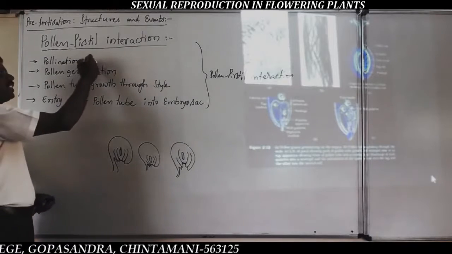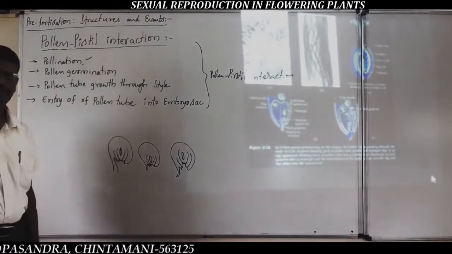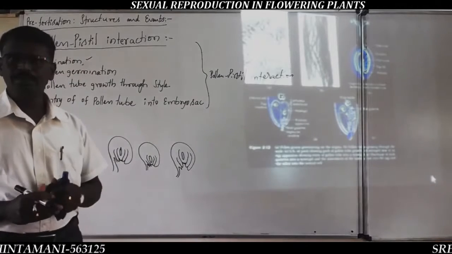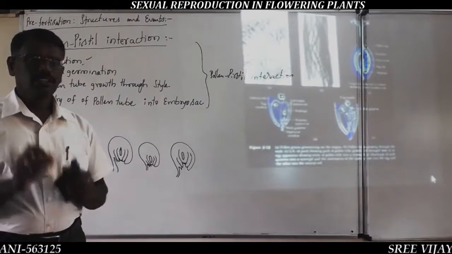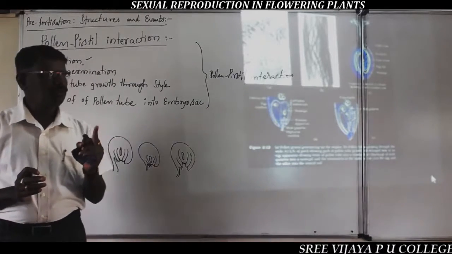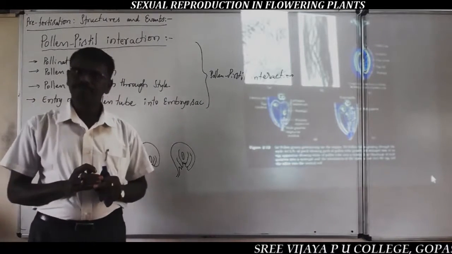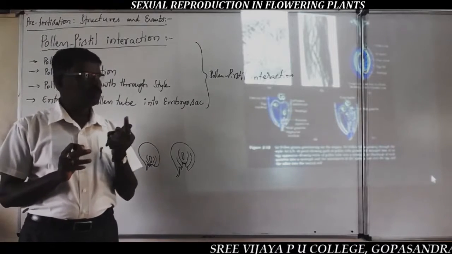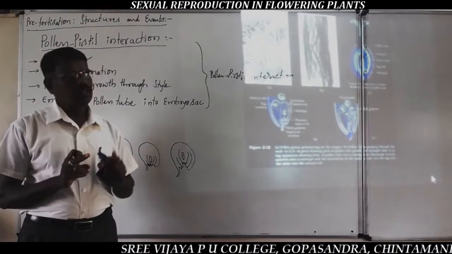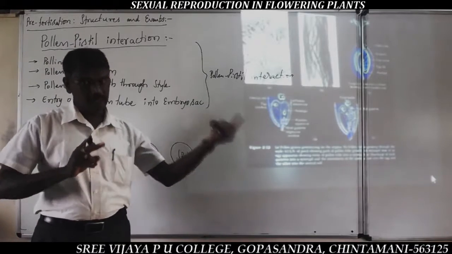The first one is pollination. What is pollination? We already discussed it in previous classes. It is the transfer of pollen grain from the anther to the stigma of either the same flower, another flower present on the same plant, or another flower present on another plant.